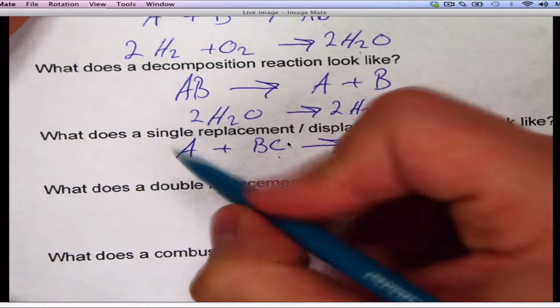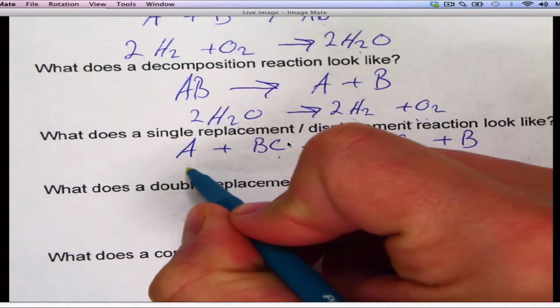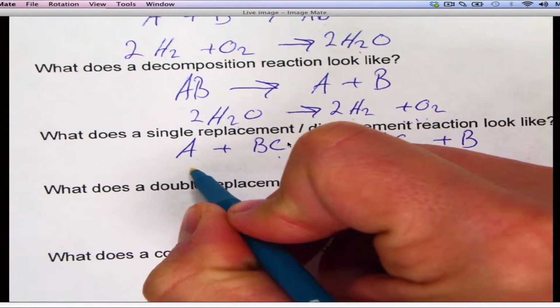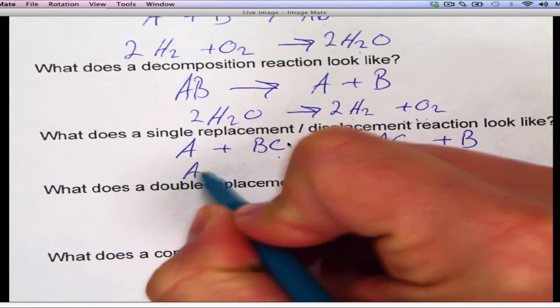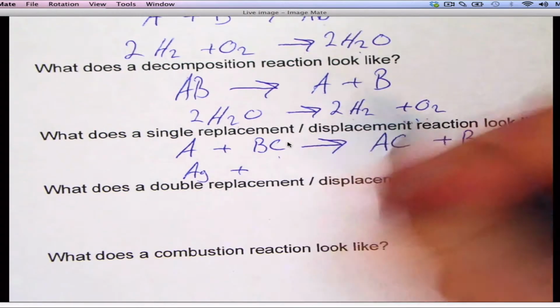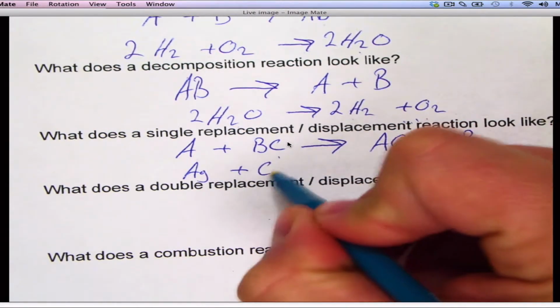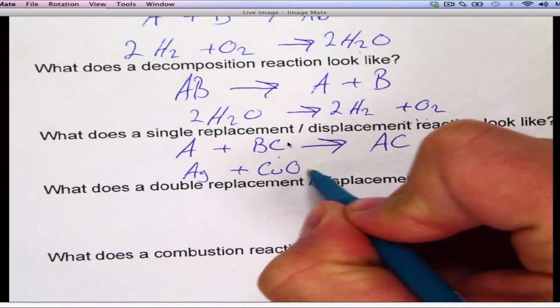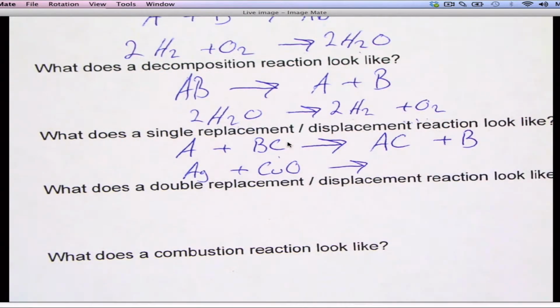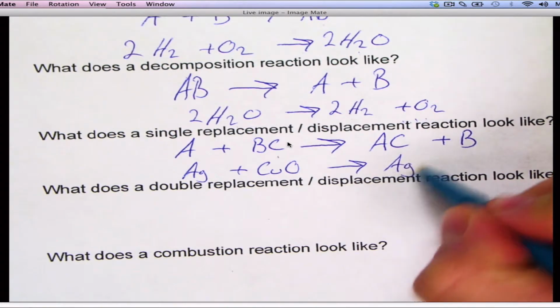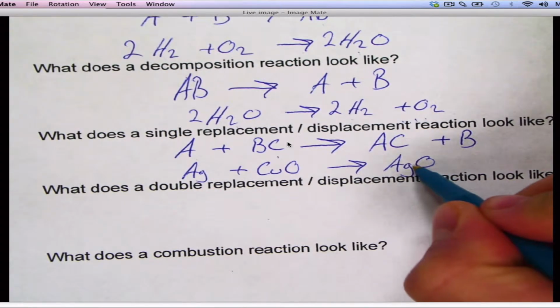So for example, for this one, you could say something along the lines of, let's say silver reacts with copper oxide. Okay? And what happens is the oxygen will switch spots, so now it's going to be silver oxide, which is going to be Ag2O, and by the way, this is just a made-up reaction.